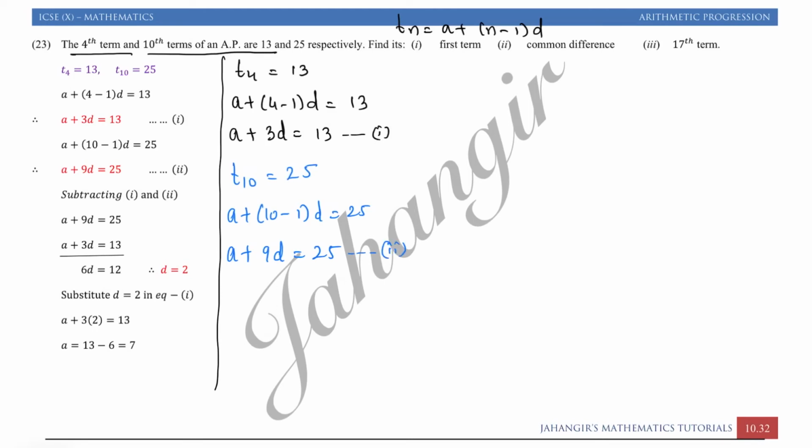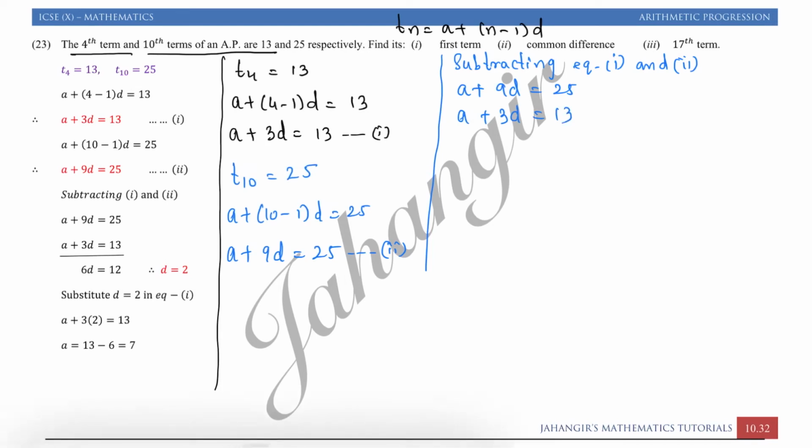Now we will solve these equations by subtracting equation 1 from 2. So A plus 9D is equal to 25, and the first equation is A plus 3D is equal to 13.